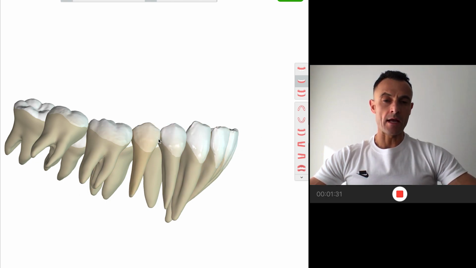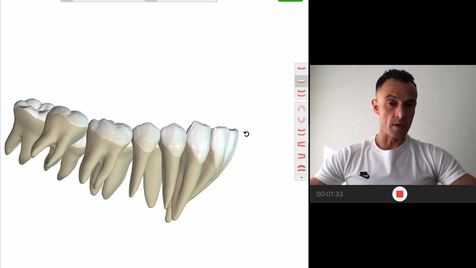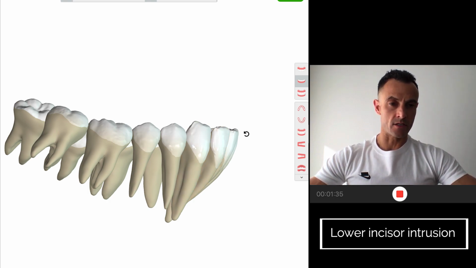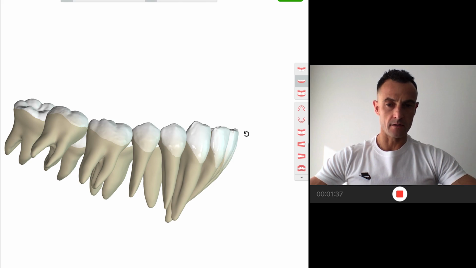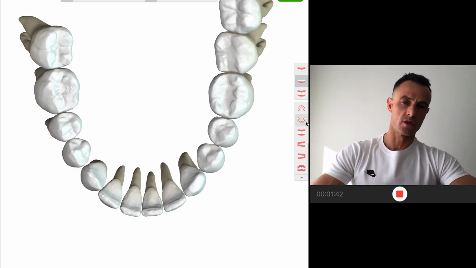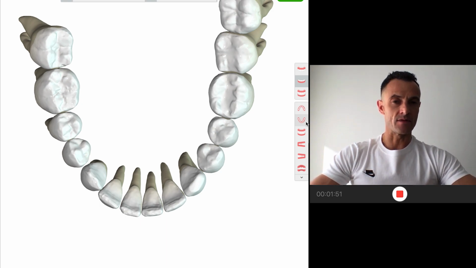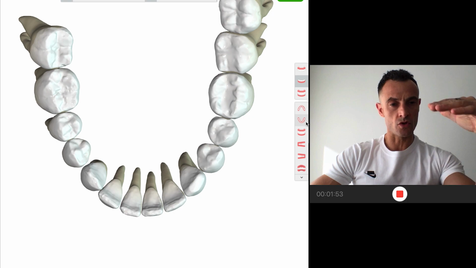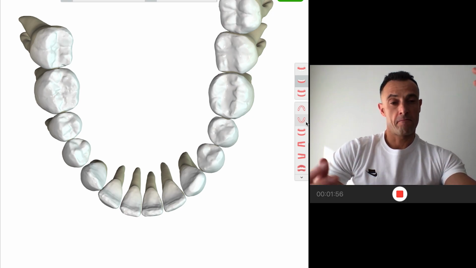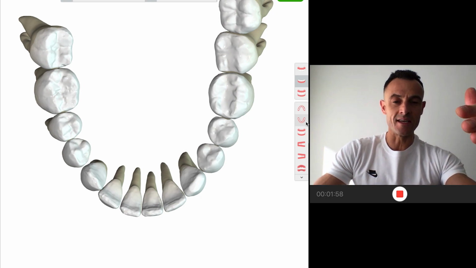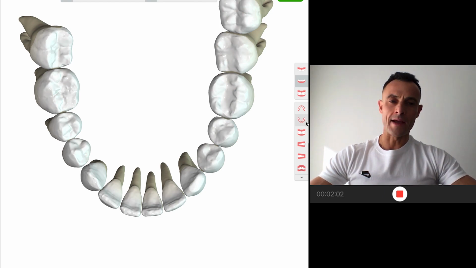And the way I'm going to reduce the lower curve of Spee is doing lower incisor intrusion. As you know, there are some protocols with other brands where they plan to solve the class 2 and the deep bite many times doing incisor intrusion and premolar extrusion. But first of all, we have to see what is the cause of this increased curve of Spee.